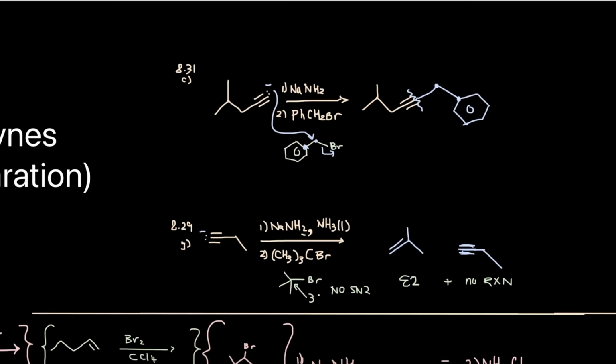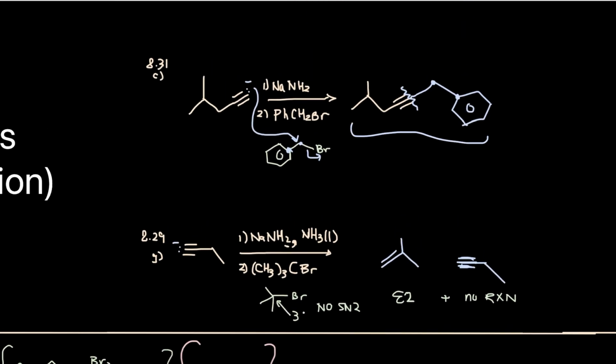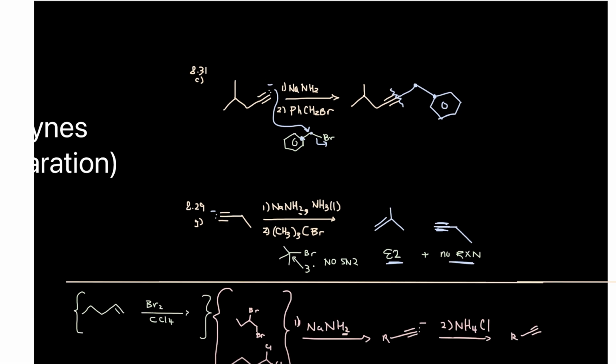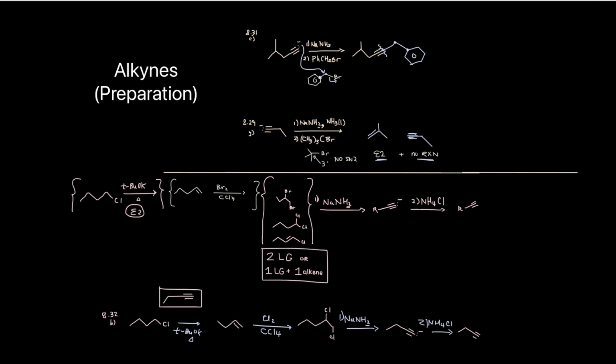And then the second part we talked about is be really careful when you combine two things together. Super easy to mess up, sad points to lose. And the second part is, what if your alkyl halide is not primary? If it's secondary or if it's tertiary, you will get an E2 and a no reaction answer. So I hope this video was helpful.